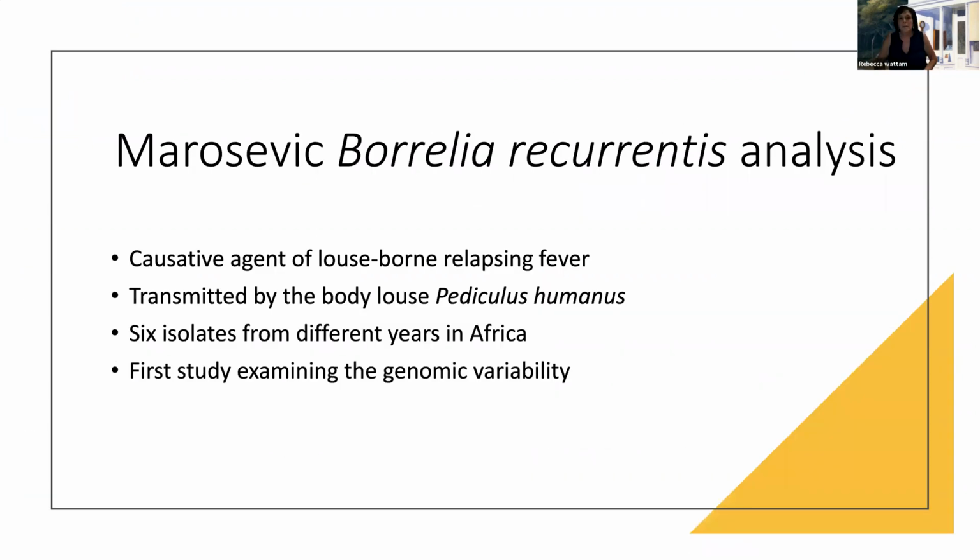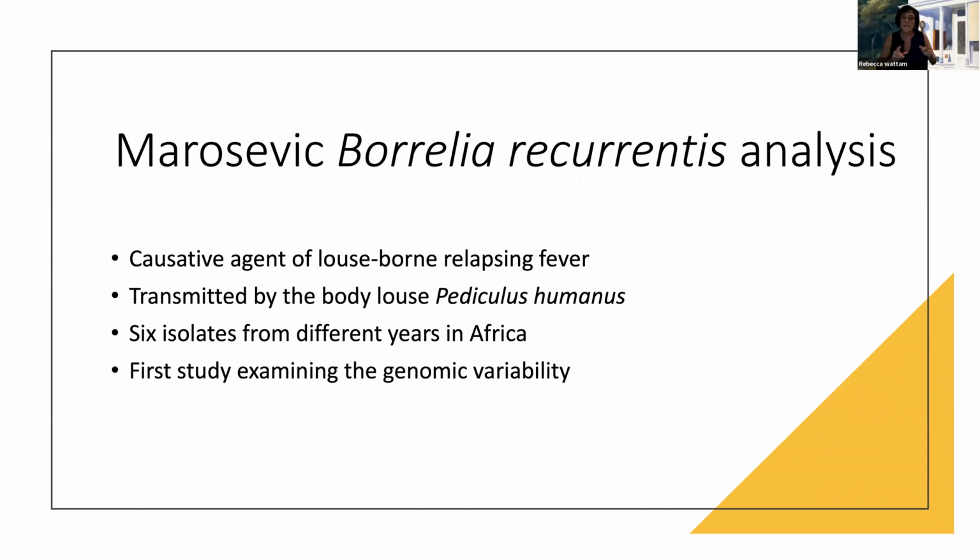Borrelia recurrentis is the causative agent of louse-borne relapsing fever. So while it's not transmitted by ticks, it is transmitted by lice, specifically the human body louse, Pediculus humanus. This particular study looked at 6 isolates that were cultured in different years in Africa.